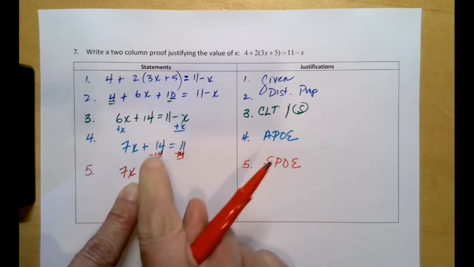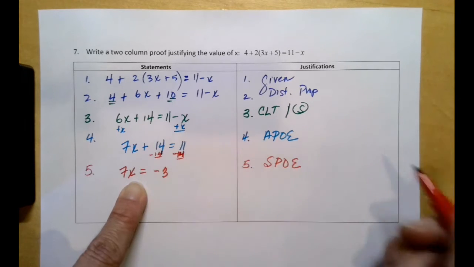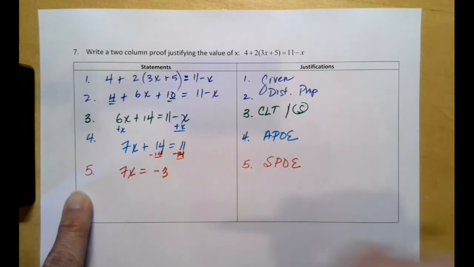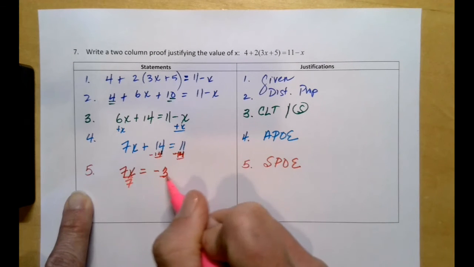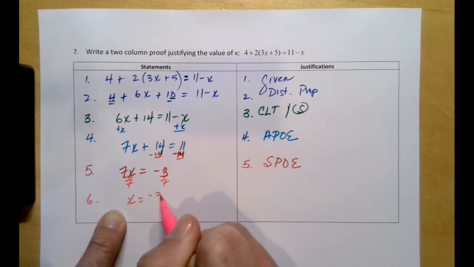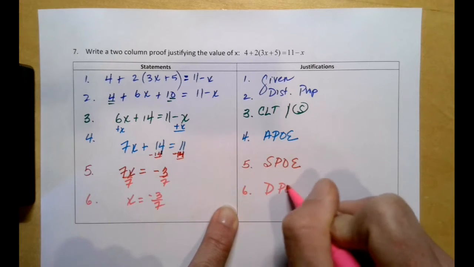So we'll go ahead and subtract 14 from each side, giving me a negative 3. Subtraction property of equality. And then, of course, we'll divide each side by 7. So my x has a value of negative 3/7. And, of course, that's our division property of equality.